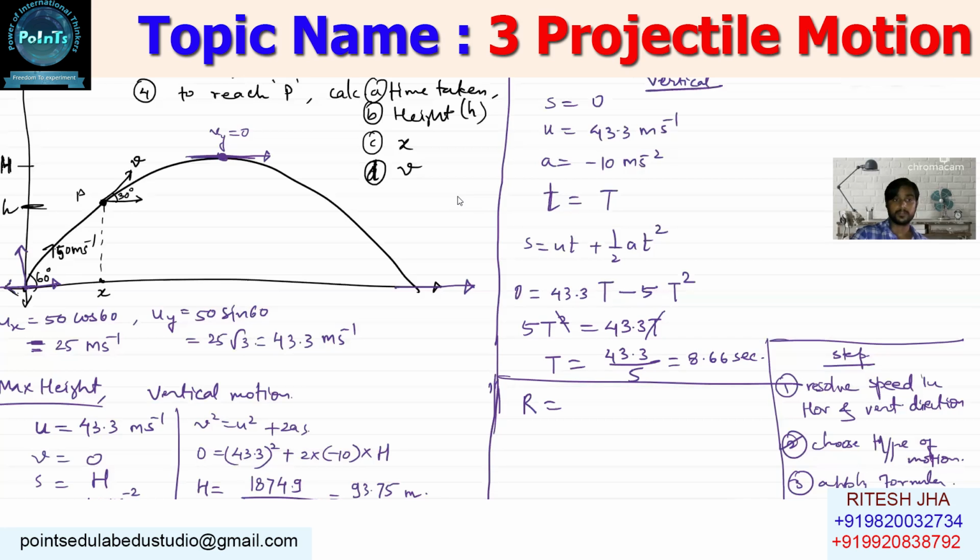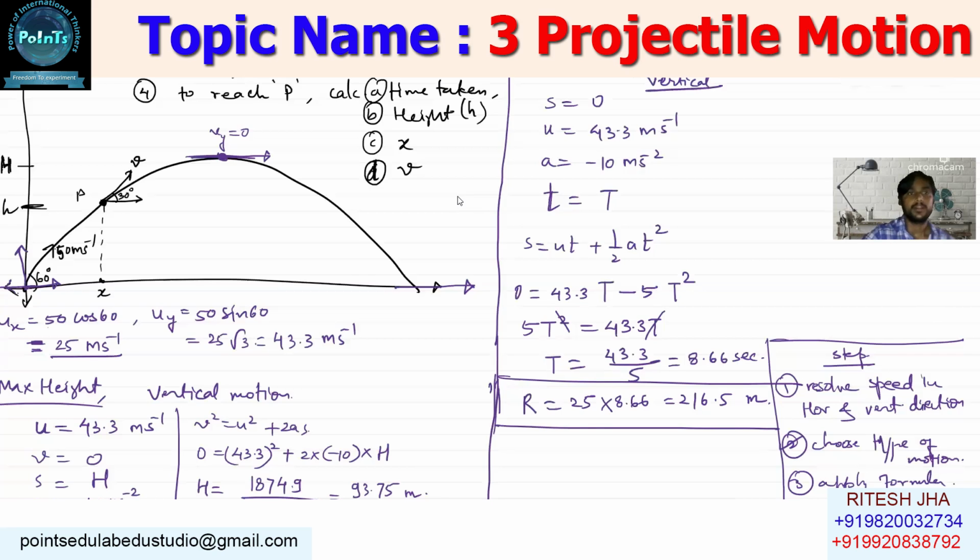V cosine theta, which is 50 cos 60, which we already determined to be 25. So the horizontal motion is 25 multiplied with the time, 8.66. It's 216.5. So this is giving you the horizontal range. You're getting it, right?